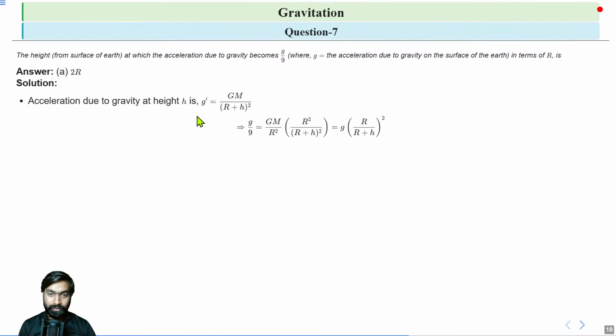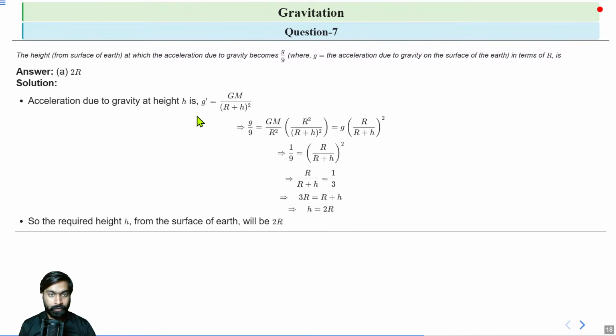When we perform this calculation, we get g by 9 equal to g into R square divided by (R plus h) whole square. It means 1 by 9 equal to R square divided by (R plus h) whole square. So R divided by (R plus h) is equal to 1 by 3. It means 3R equal to R plus h. So the relationship between h and R is h equal to 2R. So the required height h from the surface of the earth will be 2R.